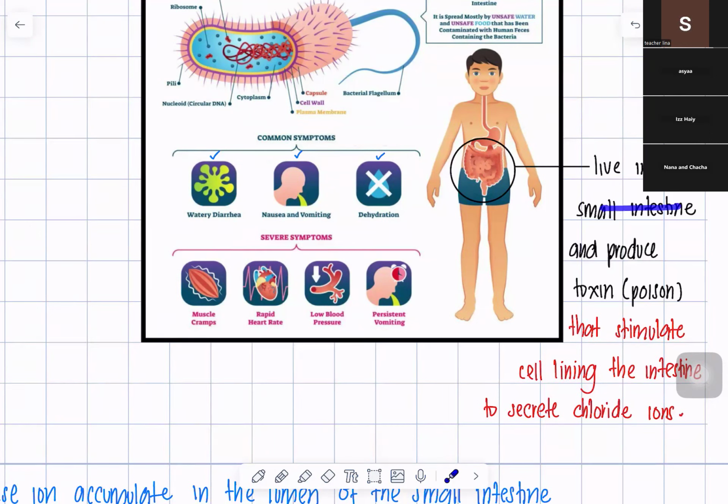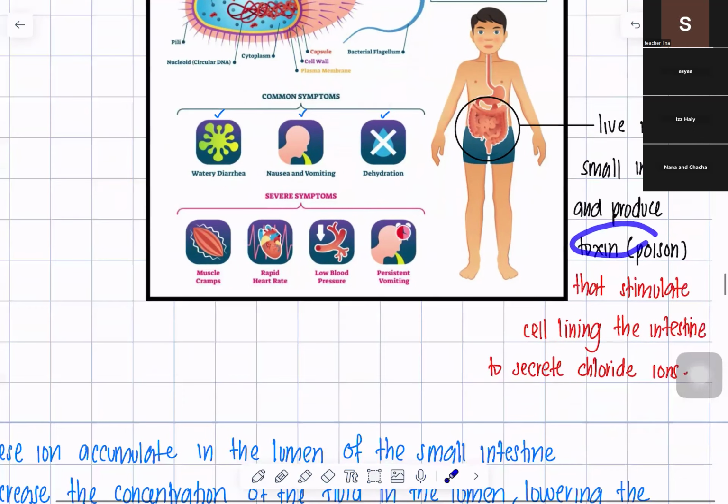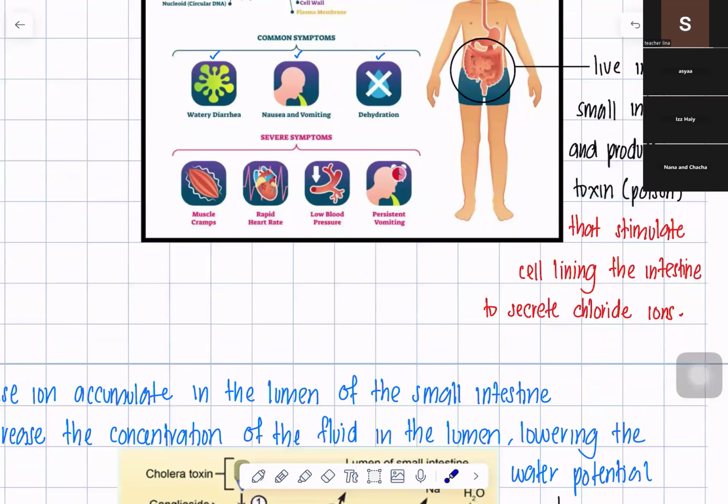Toxin is a poison that stimulates the cell lining of the intestine to secrete the chloride ion.